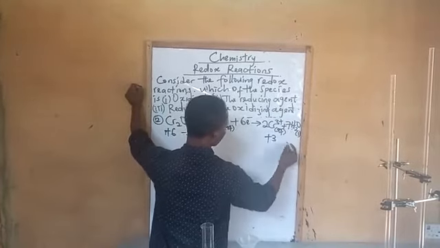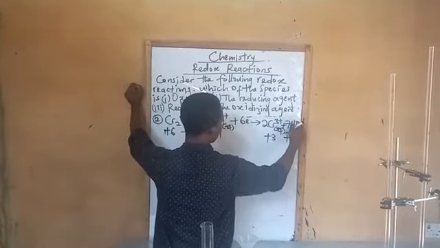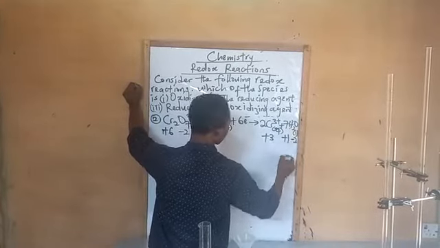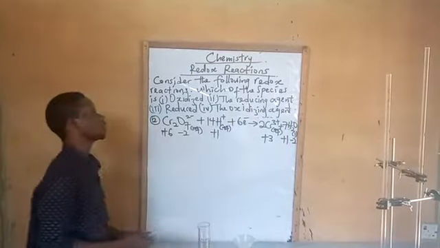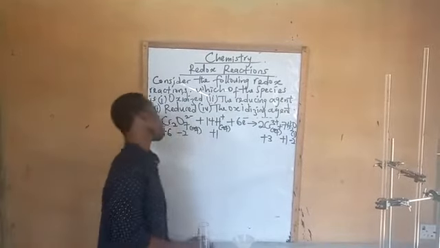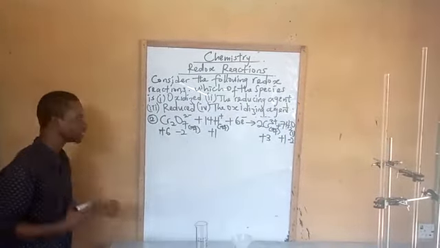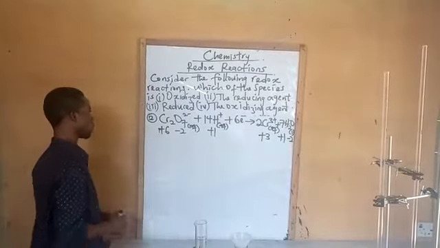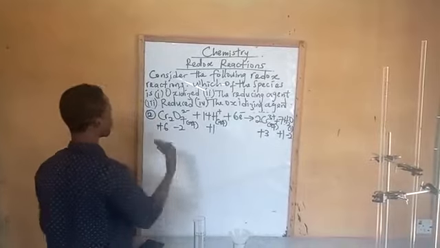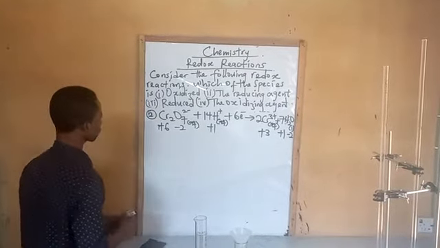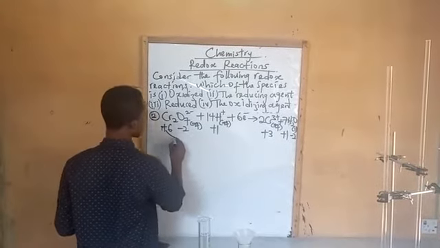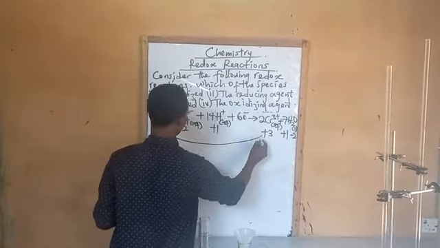Oxygen here is -2, and hydrogen is +1. If you have succeeded in writing their oxidation numbers, you are good to go. Now let's start comparing the reactant side to the product side. If you look at this chromium here, +6 to +3, what does that mean?